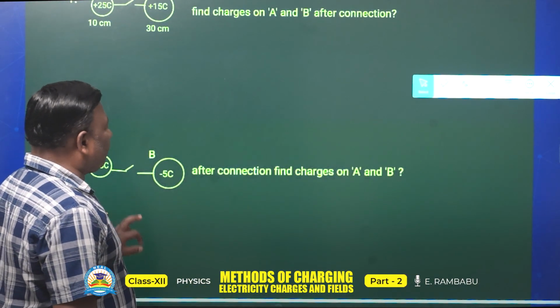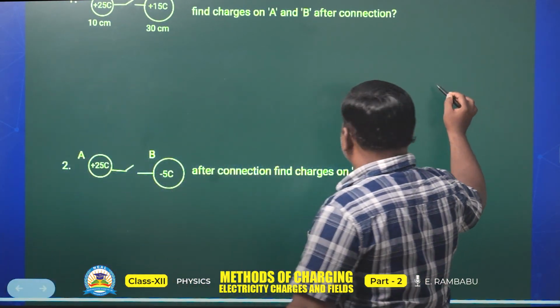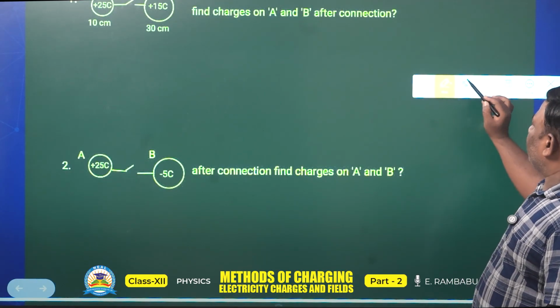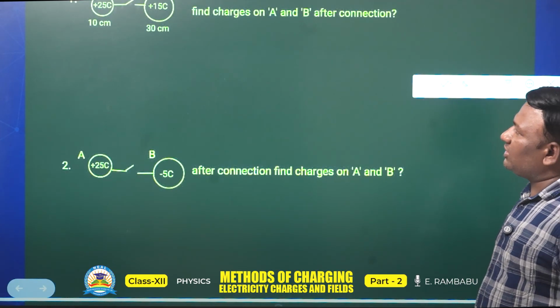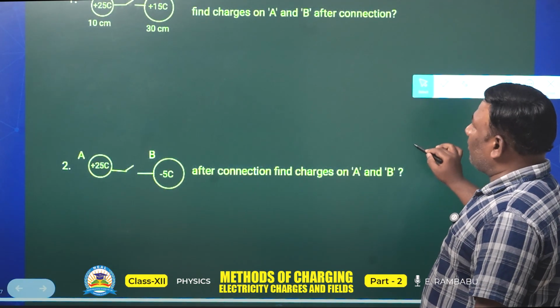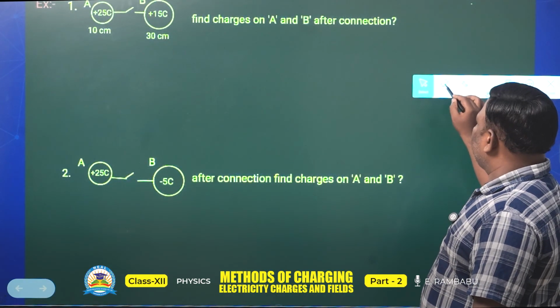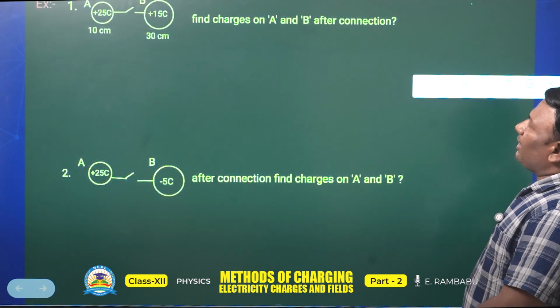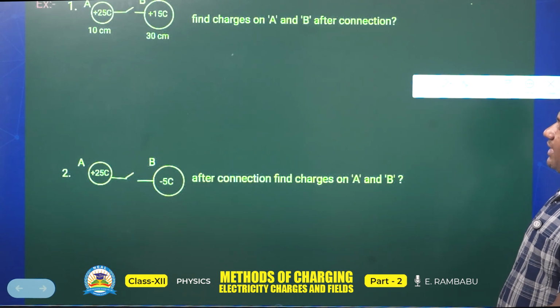See, first example, here I am going to consider two bodies. First body A has charge 25 coulomb, and the second body B has charge 15 coulomb. Then find the charge on A and B after connecting.